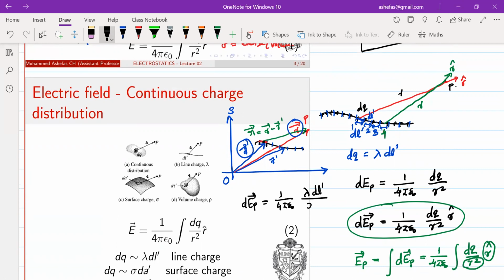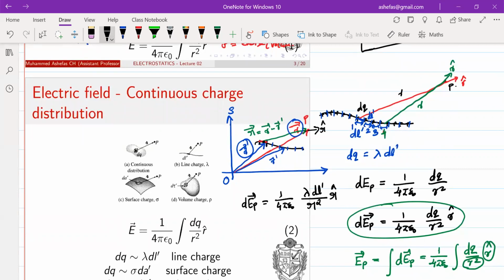So that distance is script r, and therefore the distance squared is script r square. And the direction is the unit vector connecting the source point to the field point, so this should be your r cap.